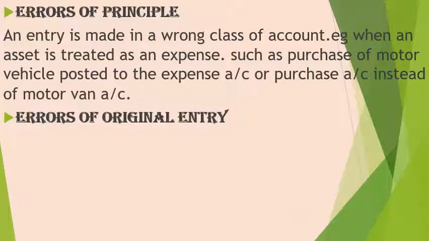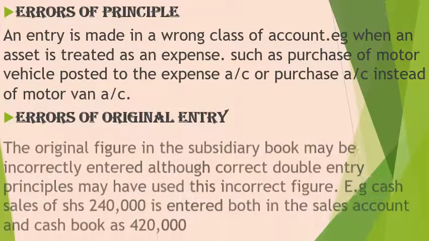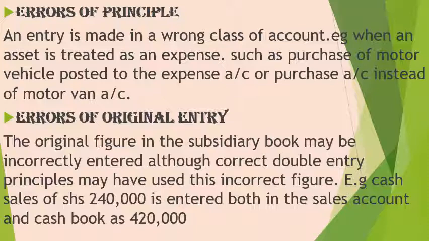We also have errors of original entry. The original figure in the subsidiary book may be incorrectly entered, although correct double entry principles may have used this incorrect figure. For instance, cash sales of 240,000 is entered both in the sales account and cash book as 420,000. So that is error of original entry.